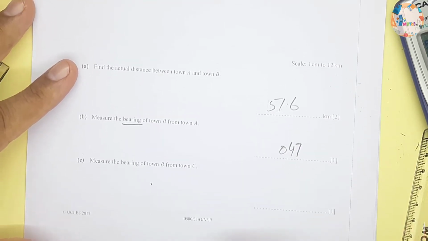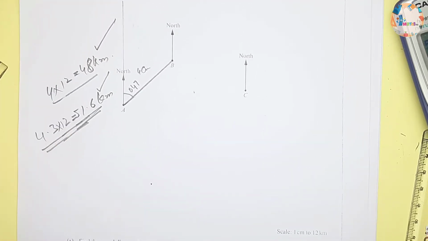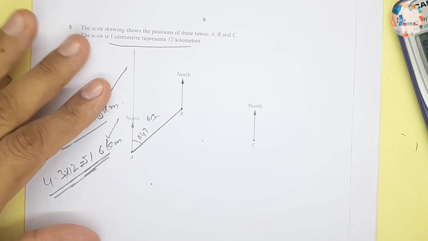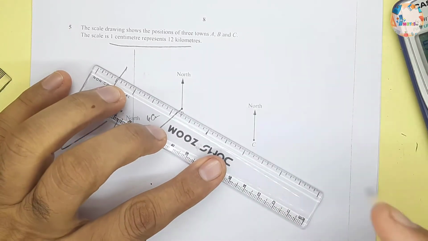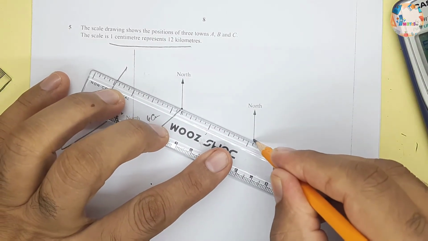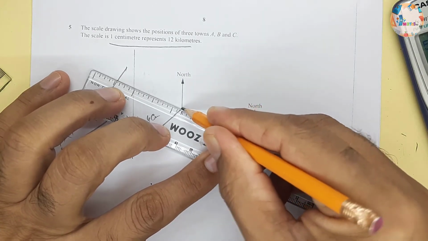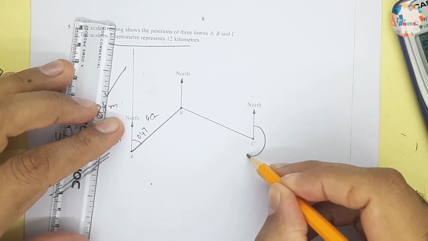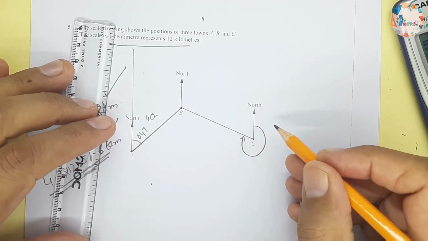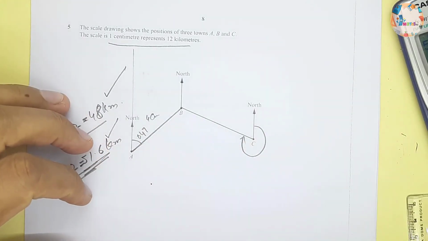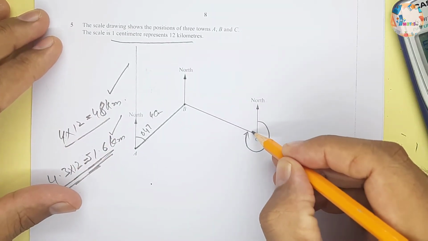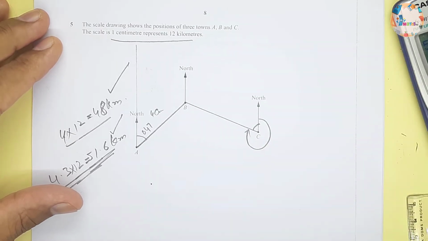Measure the bearing of town B from C. Town B from C. So B from C, we will join B and C, and this will be this one. So B from C is basically this one, and now we have to measure. So what we will do, we will measure this angle and we will subtract from 360.